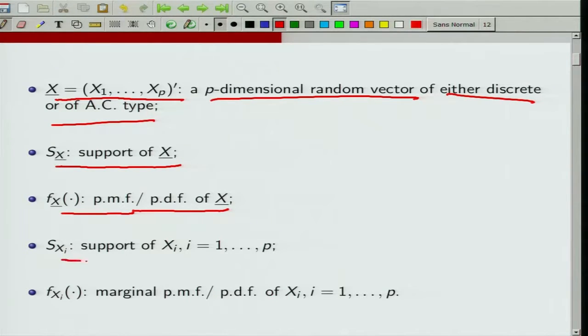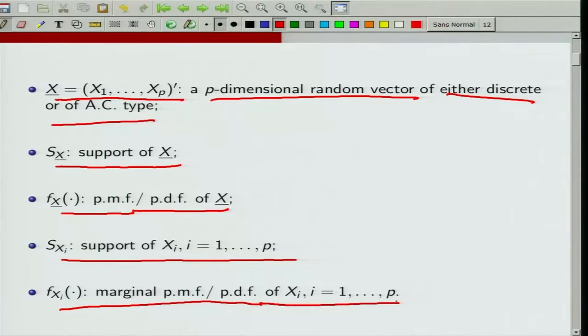And suppose S_Xi is the support of the marginal distribution of Xi, and F_Xi is the marginal PMF or PDF of Xi. So, we know that one can get the marginal PMF or PDF from the joint PMF or PDF by summing out or integrating out the unwanted variables.